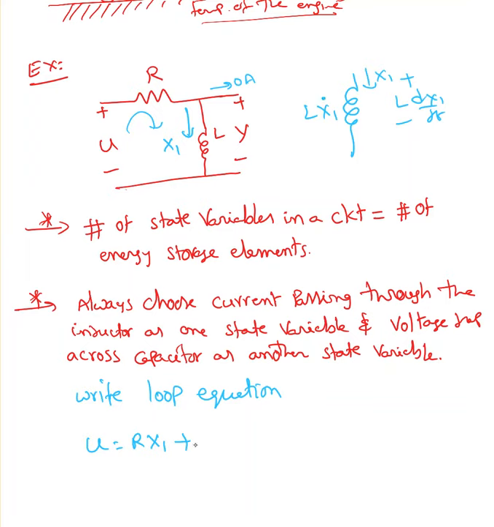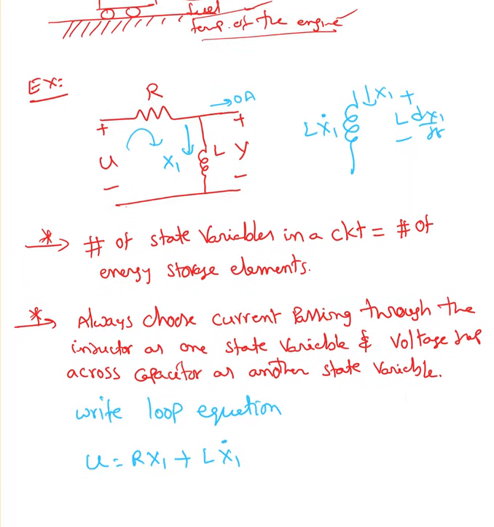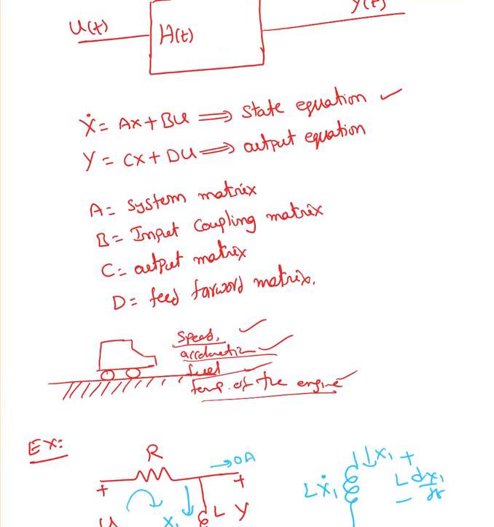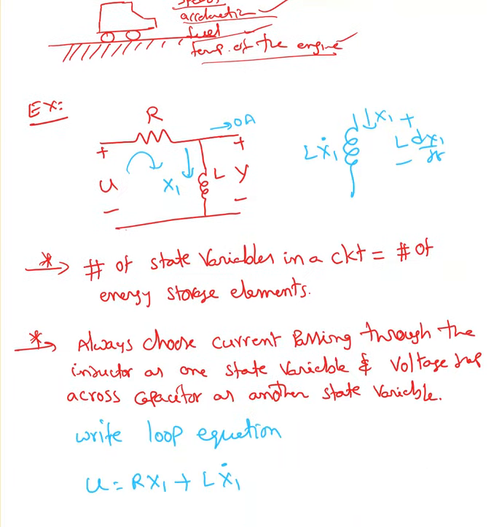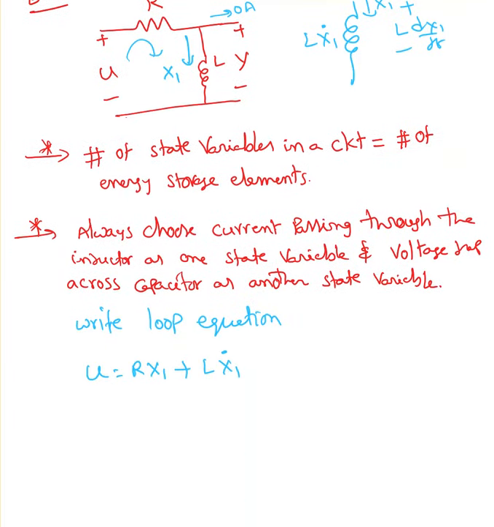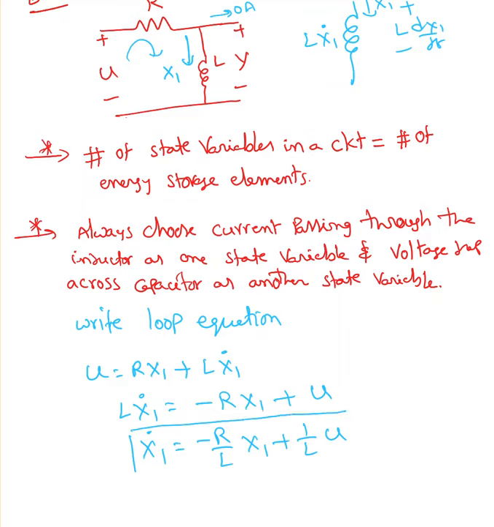Now, the state equation is x dot equal to Ax plus Bu, so all I need to do is write this in terms of x1 dot. L x1 dot equal to minus R x1 plus u. So x1 dot equal to minus R over L x1 plus 1 over L u. This is my state equation.